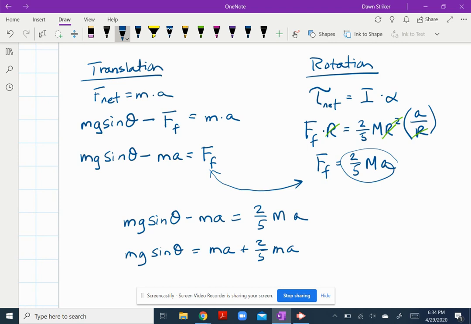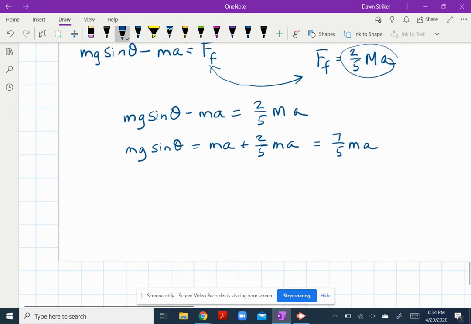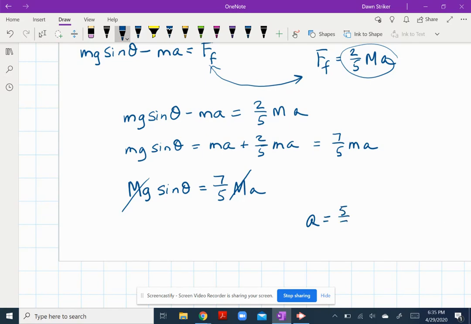That's really 5/5 plus 2/5, which is 7/5 ma. I should be writing capital M's instead of small m's. All right, big M g sine theta is equal to 7/5 big M a. Regardless, the M's cancel, as is almost always the case. a is equal to 5/7 g sine theta.